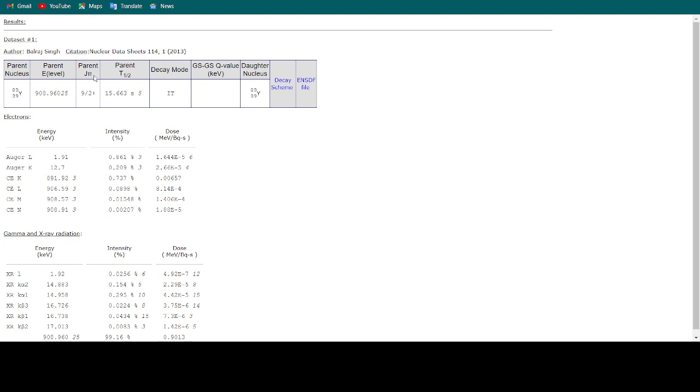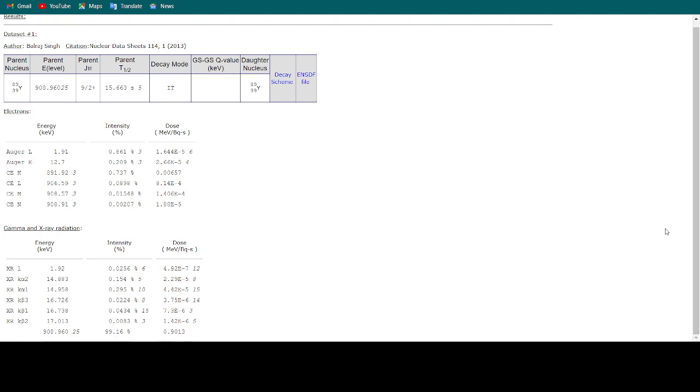Then the parent J, like the ground state is 9 by 2 plus, and everything is given here. Then you can download it as a file also. You can see that it is also talking about which one is the Auger effect, which one is the electron capture, what was the beta decay, K alpha decay, beta decay, every information given here.